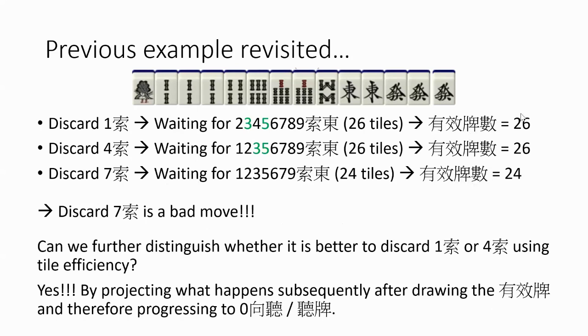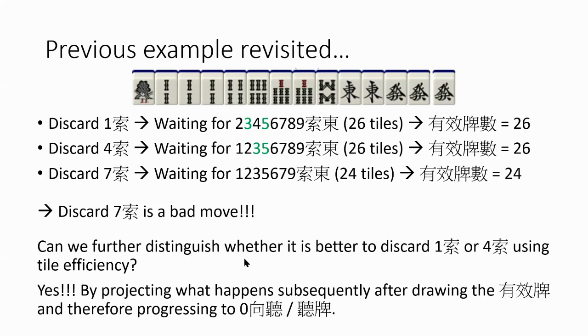When we compare these three numbers, we see that the number of 有效牌數 when discarding 一索 or 四索 is maximized. So discarding 七索 is actually a bad move, because the number of 有效牌數 is less than in the previous two cases. Because of this, the probability of reaching 聽牌 will be less than when discarding 一索 or 四索, okay?